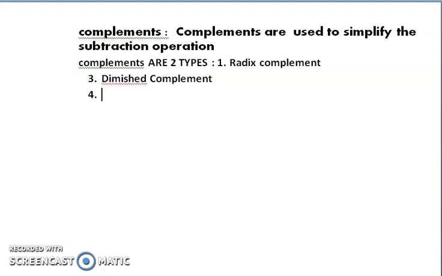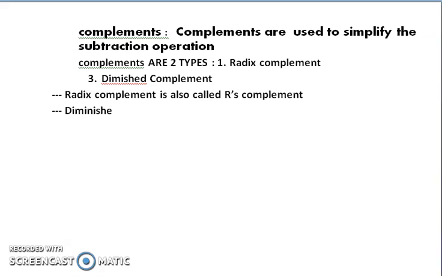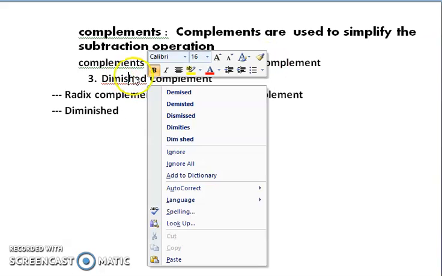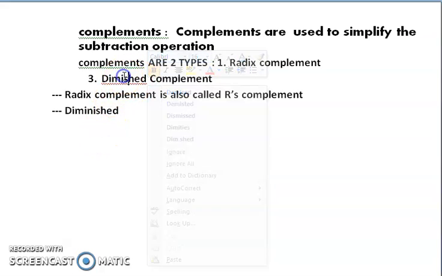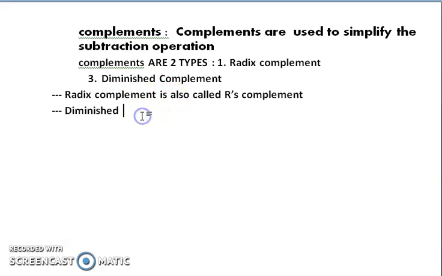The radix complement is also called the R's complement, and the diminished complement is also called the R minus 1's complement.